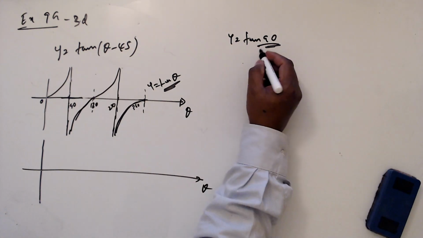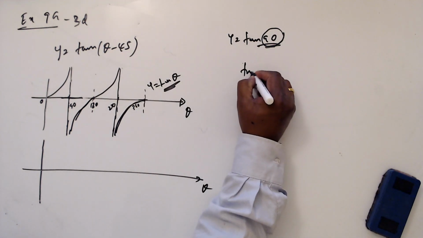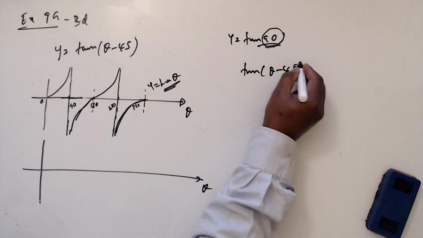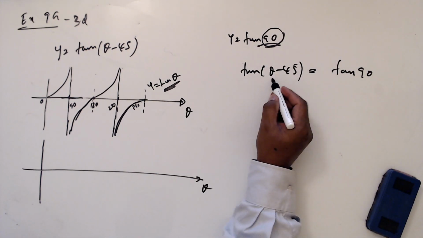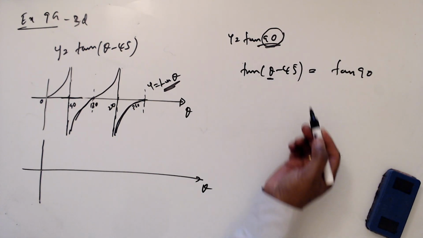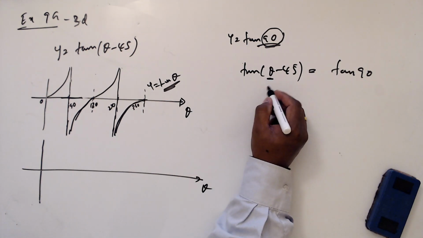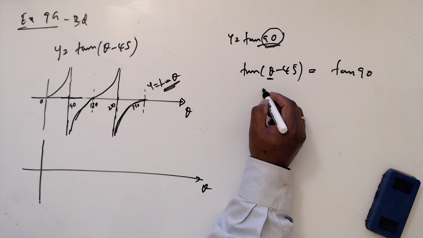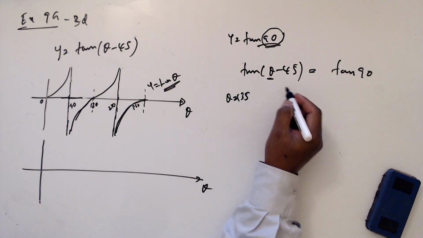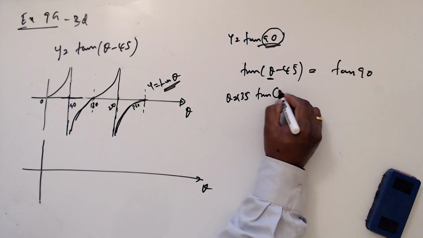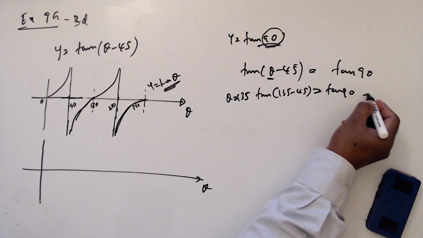Now, for tan of theta minus 45, to make tan 90, which value do I need to put? I need to put 135 when theta equals 135. So tan of 135 minus 45 equals tan 90.